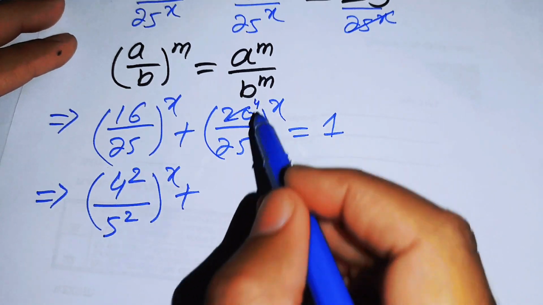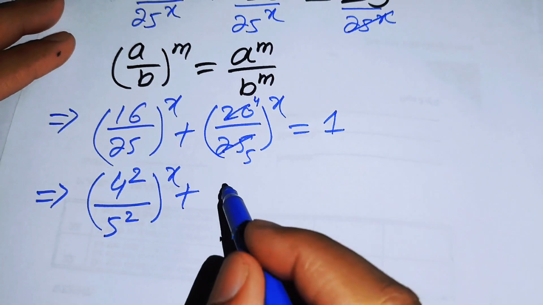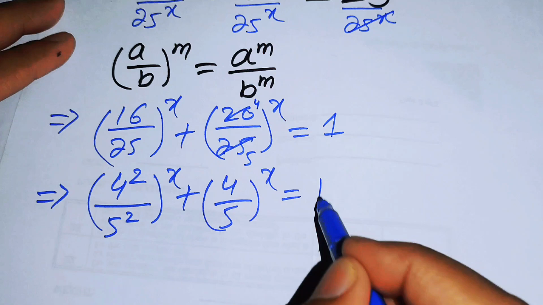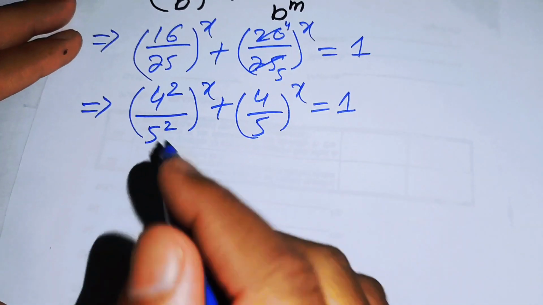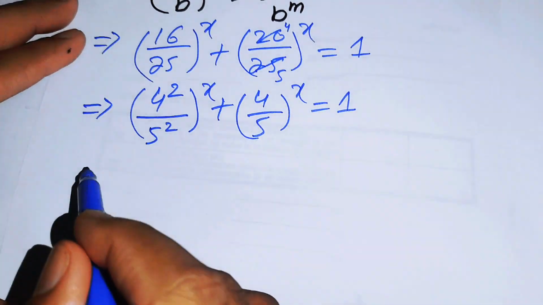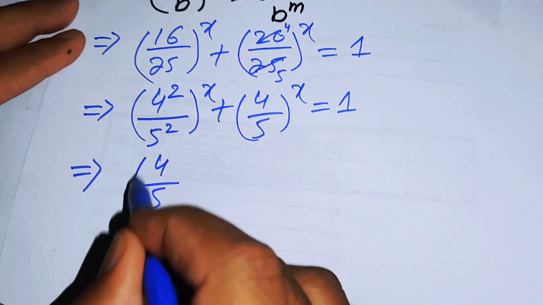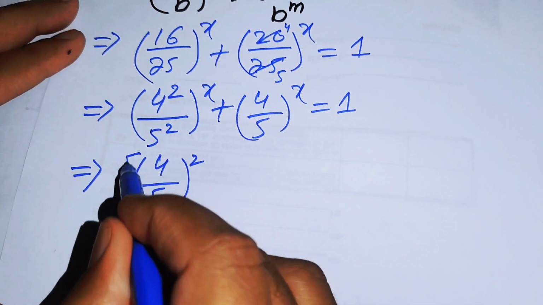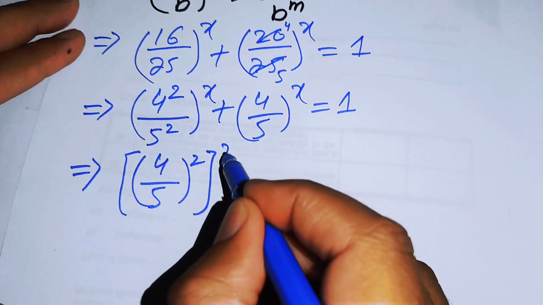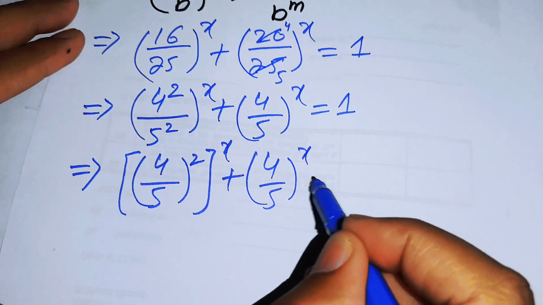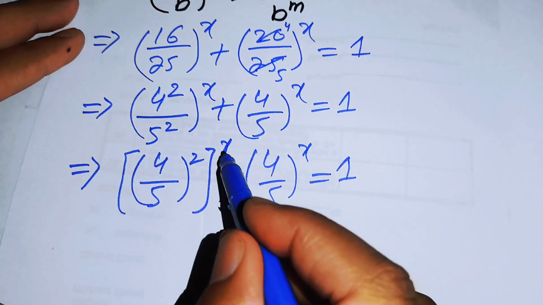So 5 4s are 20 and 5 5s are 25. So here we get 4 over 5 to the power of x is equal to 1. So now we can again combine the exponent of these two terms, and we will write it as 4 over 5 square and its whole power x plus 4 over 5 to the power of x is equal to 1.